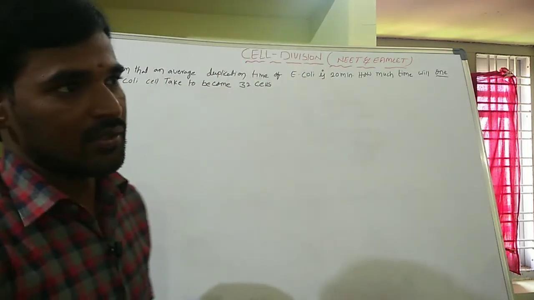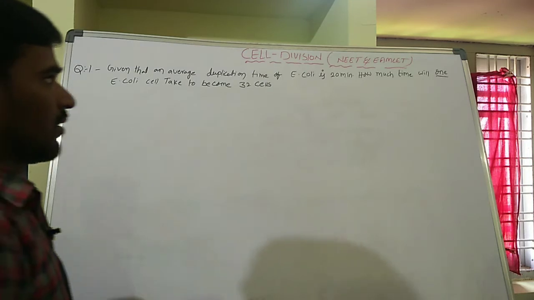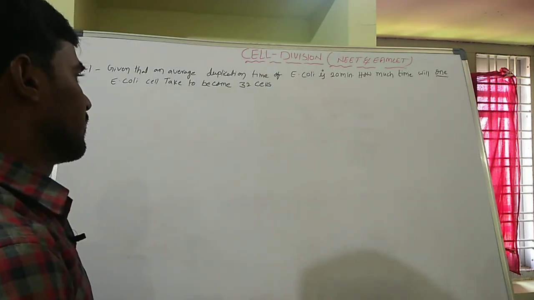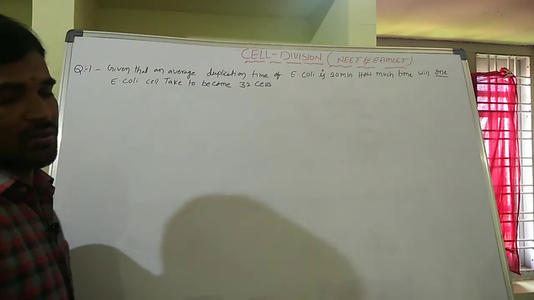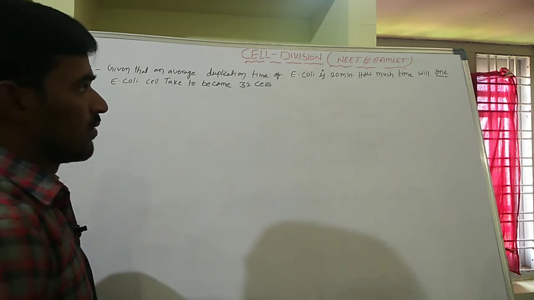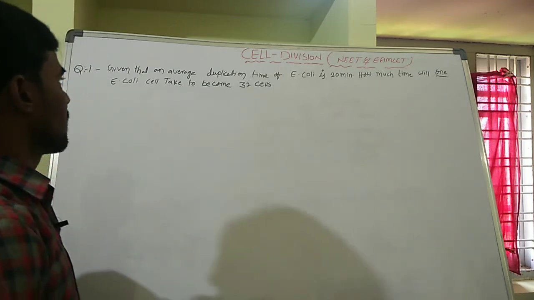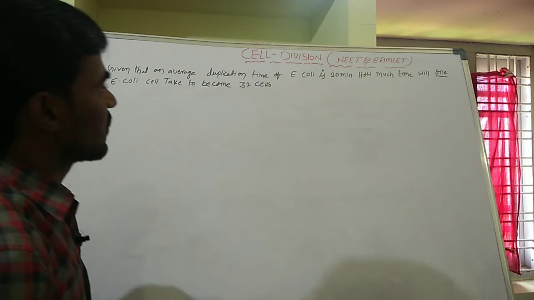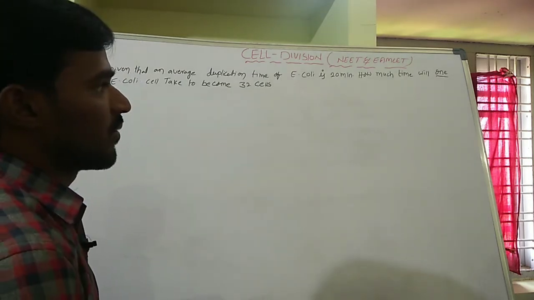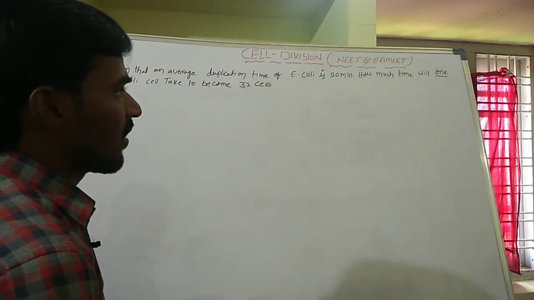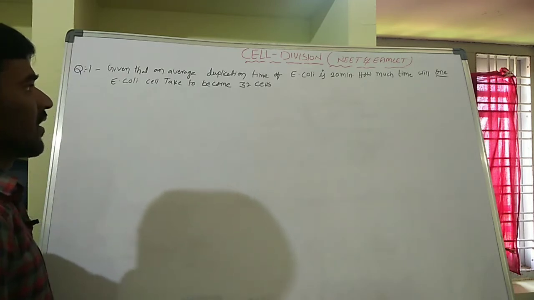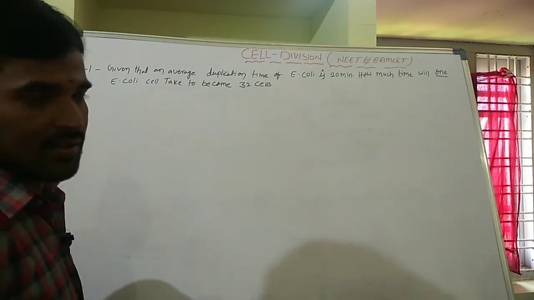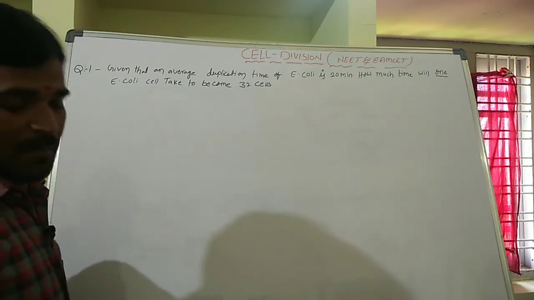Here I have given one model question. See, what is the question? Given that an average duplication time of E. coli is 20 minutes, how much time will one E. coli cell take to become 32 cells? This is our model question.